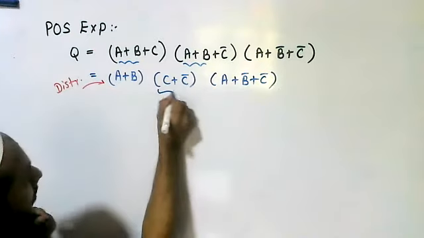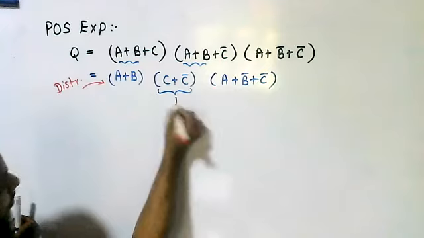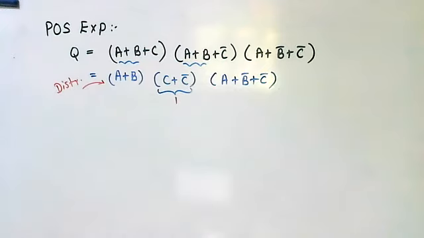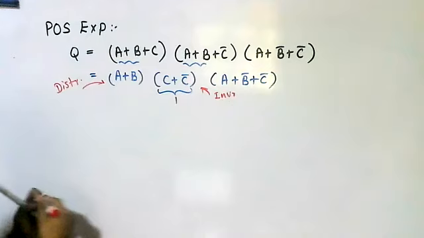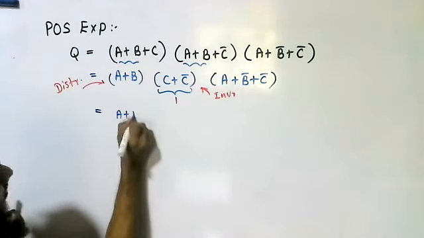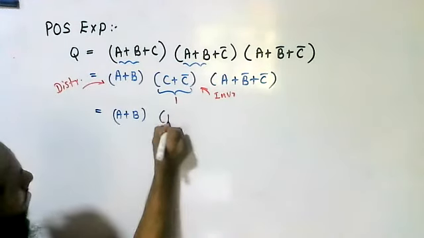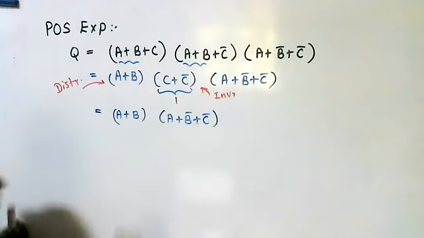And C plus C bar, what is the law there? C plus C bar equals 1. What is the law there? Inverse law, the complement law, we can apply here. Then A plus B into A plus B bar plus C bar.